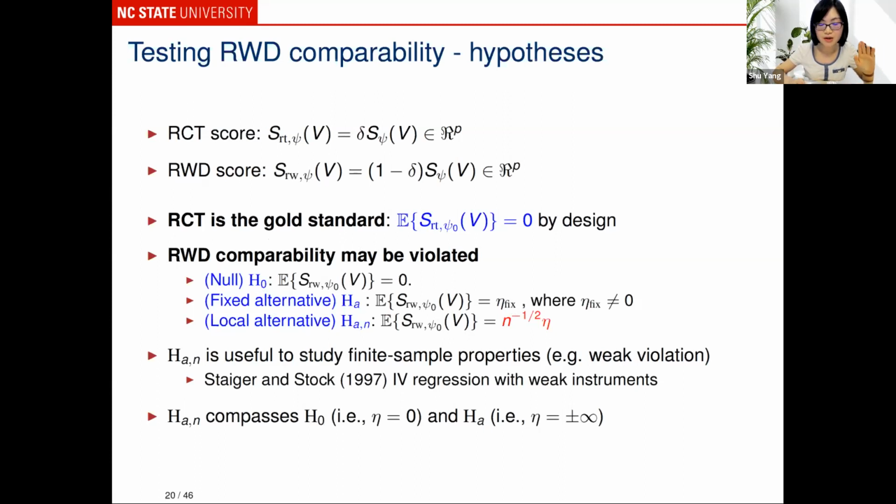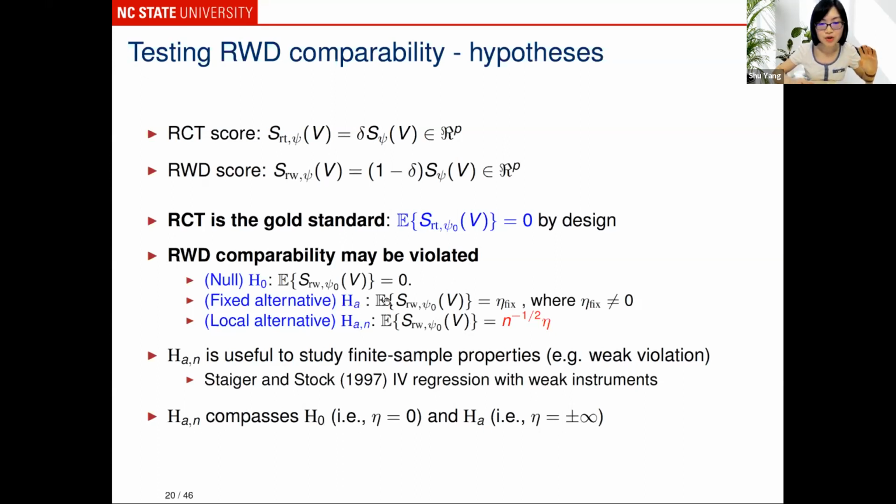But in practice, especially in finite samples, there can be weak violations of this hypothesis. For example, there is hidden confounding, but the association of the confounder and the treatment, or the association of the confounder and the outcome, is weak. In this sense, we have a weak violation.